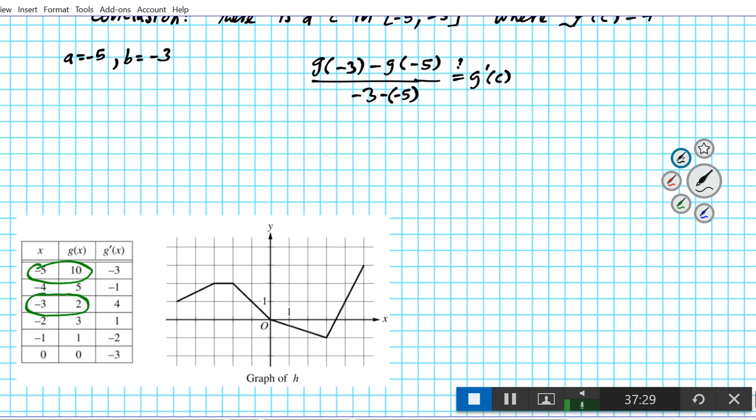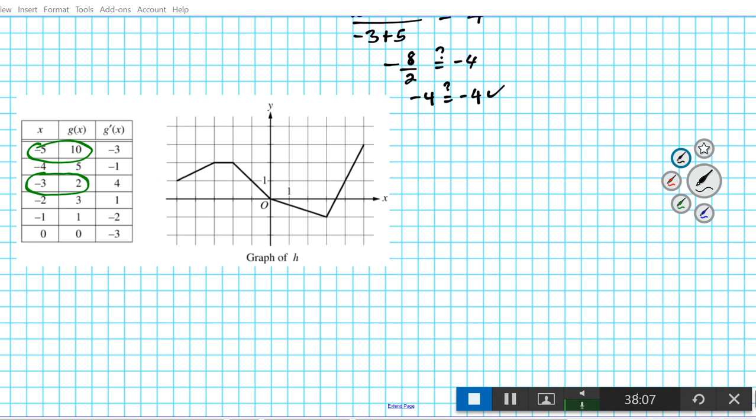So we have 2 minus 10 divided by -3 minus times minus is plus 5. Is it equal to g prime of C, which we're told is -4? When we work this out, we get -8 over 2. Is that equal to -4? -4 equals -4. Check. So it meets the conclusion that we desire.